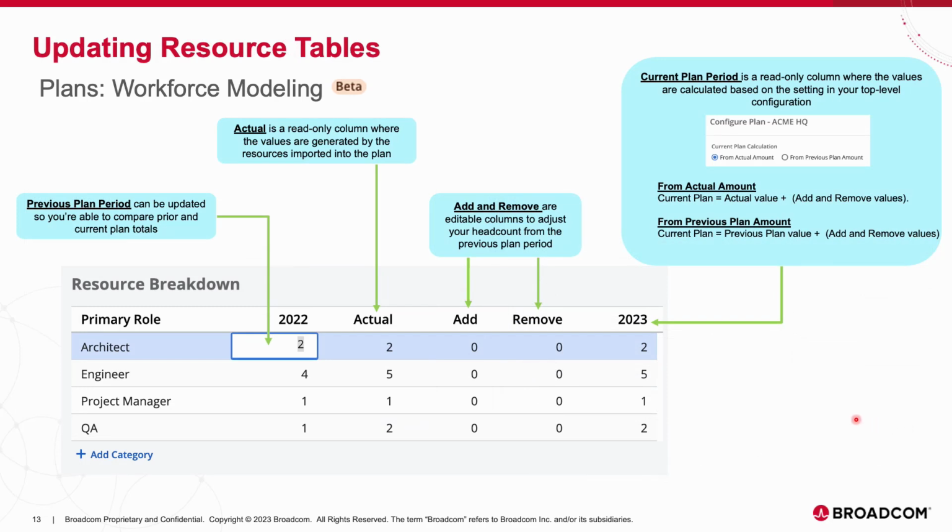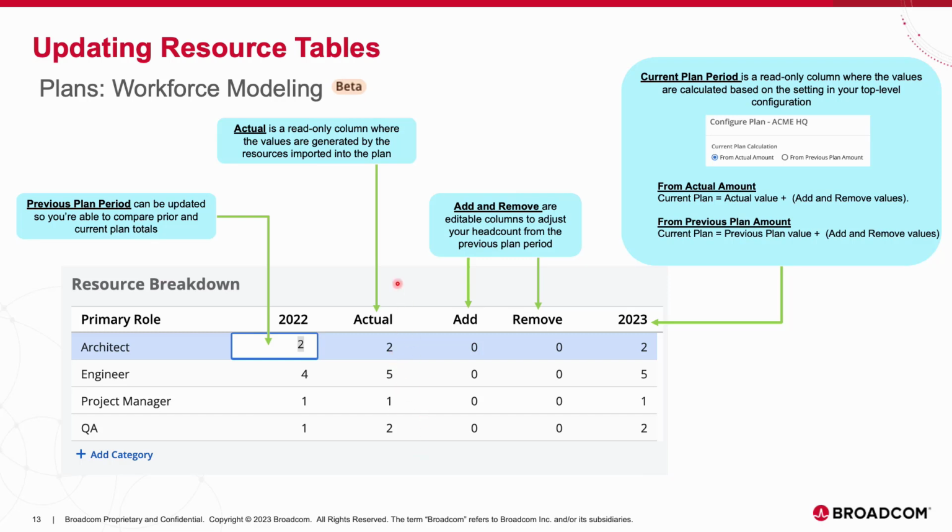Now there's different logic when you're updating the resource tables versus your investment tables. For the resource tables, you're able to edit the previous plan amounts within your tables. With your actuals, this is a read-only column, and it is populated when you're importing the resources under the resources tab within your plan.